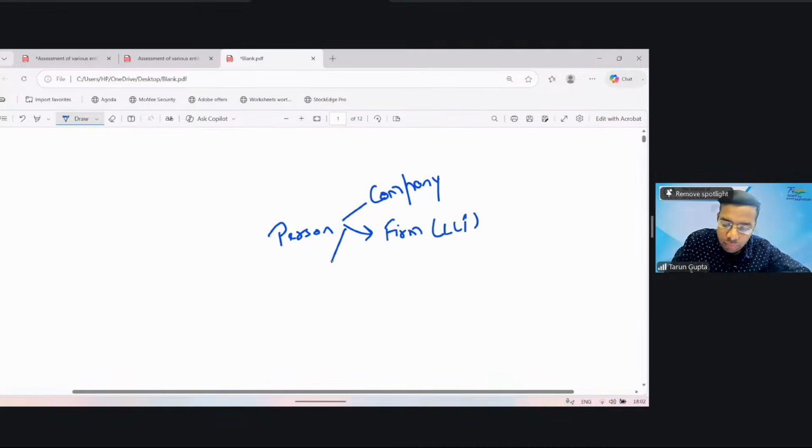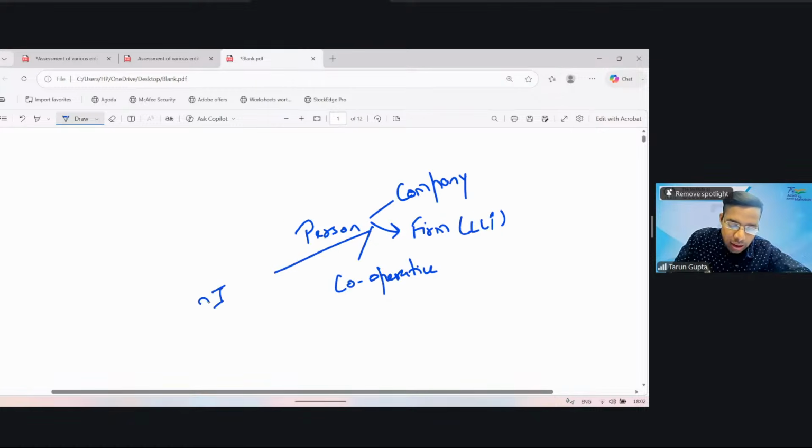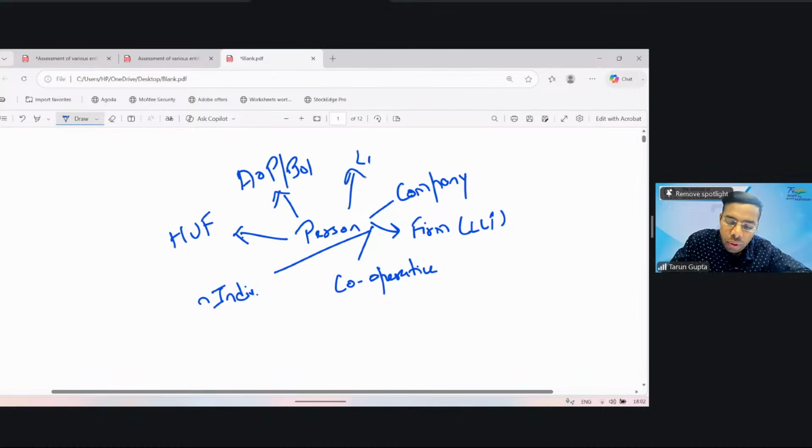In today's class, we will discuss cooperative society, individual, HUF, AOP, BOI, local authority. And lastly, we will discuss the fitness test key. Okay. So let's start with cooperative society.